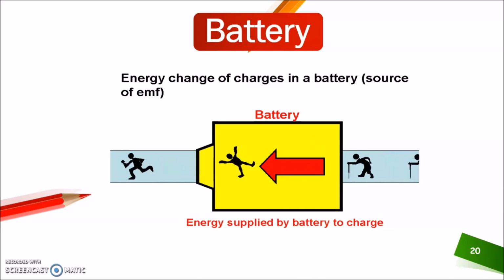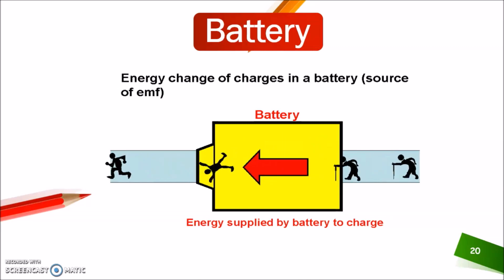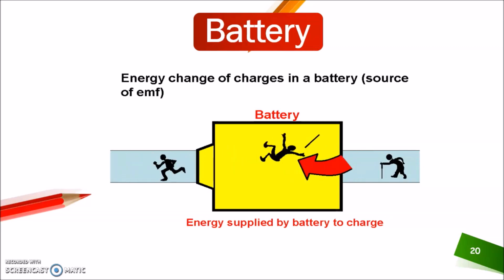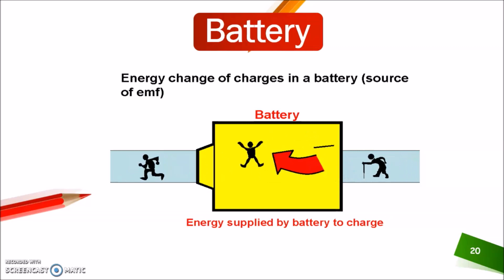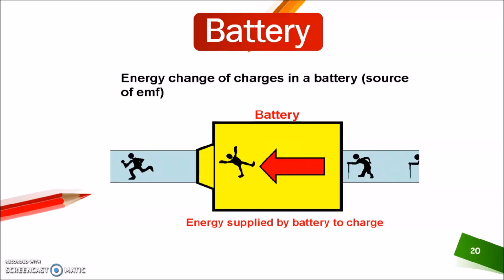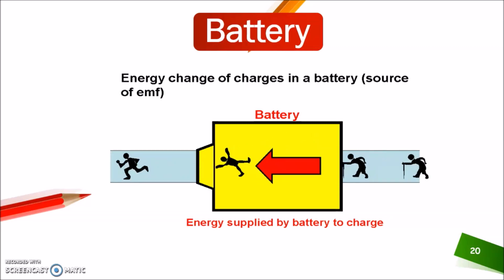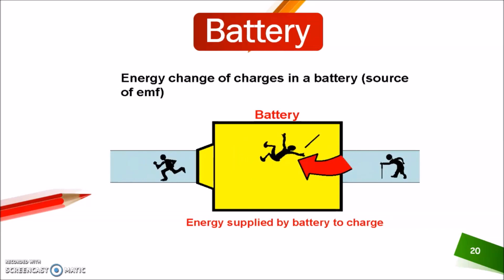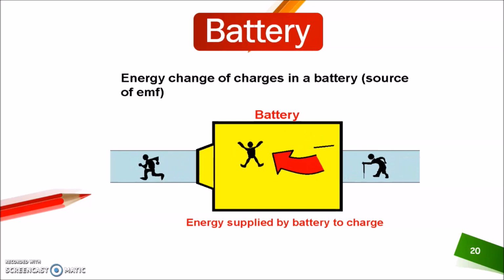And the answer is battery. Battery creates a difference in the two terminals, negative and positive terminals, and when this difference is created, the movement of electrons starts.